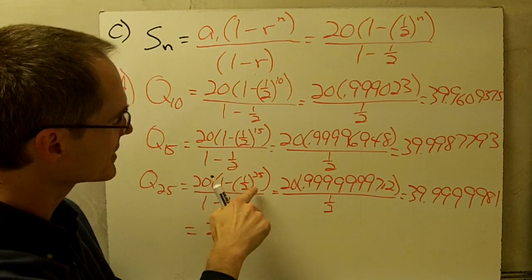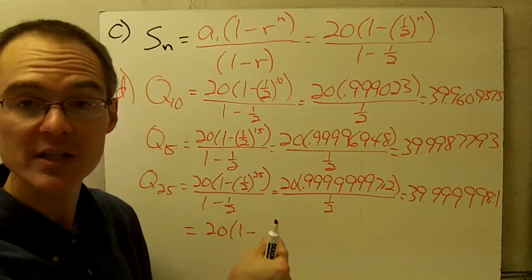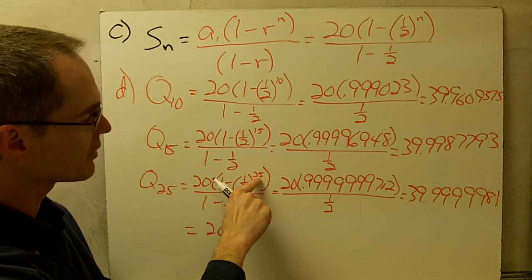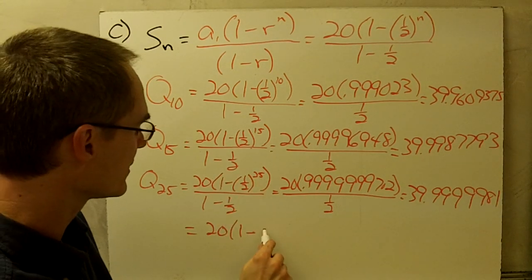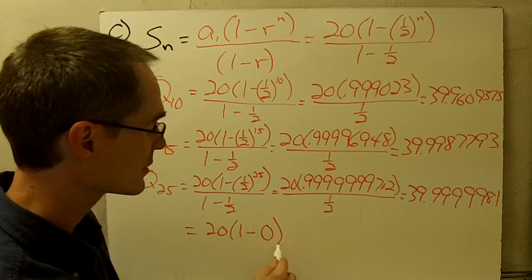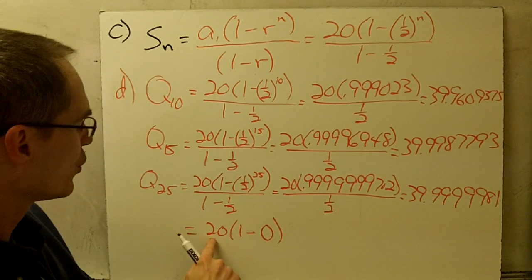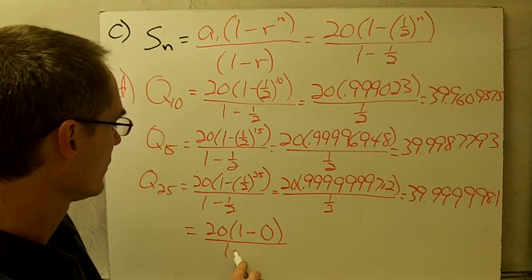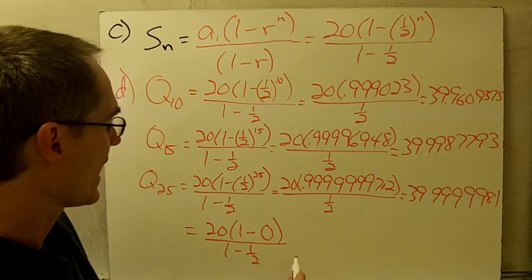Every time I multiply this times another 1/2, it just keeps getting smaller and smaller. And if I let this exponent keep getting bigger and bigger, this number essentially becomes approximately 0. So I've got 20 times 1 minus 0 over 1 minus 1/2.